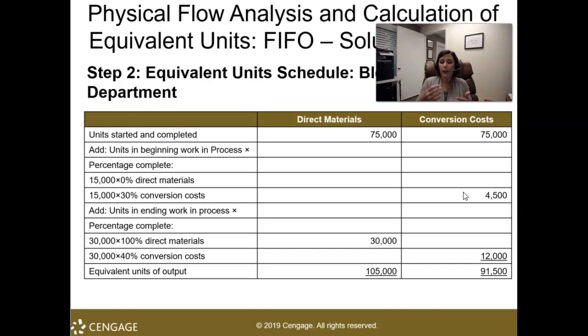And you're probably saying, wait, I thought you said we could ignore that. The answer is that this $4,500 that we're applying to the beginning work in process inventory is what we then applied to get those beginning units through the process and out. Because remember, we're assuming that those 15,000 units that we started our period with are the first ones that we then finished and moved along down the pipeline.